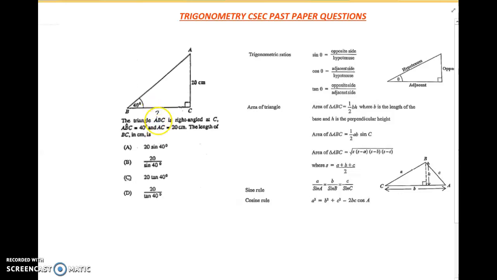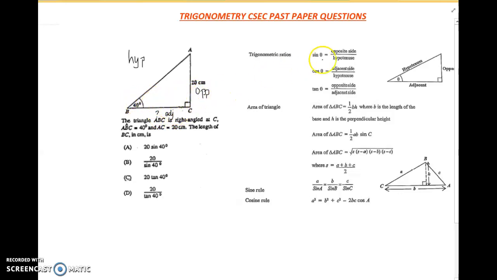Remember what I said from before? Label your triangle. The side opposite the right angle is the hypotenuse, but they didn't give us any value for the hypotenuse, so we don't need to use that. The side opposite the given angle is 20, so this is OPP, the opposite side. And the third side, which we want to find, is the adjacent. Again, we have the angle, we have a given side, and we want to find the third side.